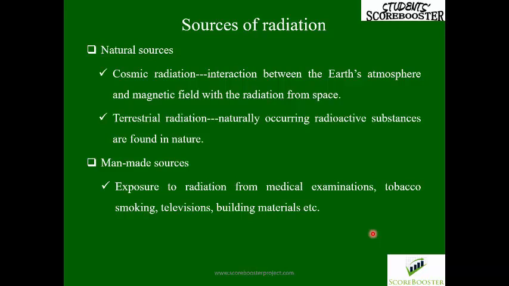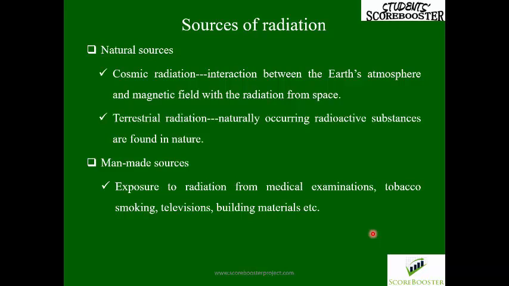The natural source can include cosmic radiation from the sun. When we have release of energy from the sun, it interacts with particles in the atmosphere and magnetic field, so it can cause some cosmic radiation. But thank God, those are not as dangerous as man-made radiation.